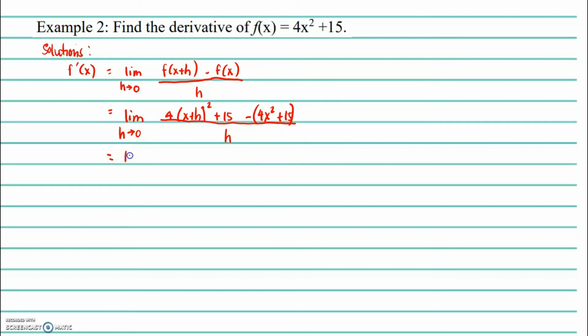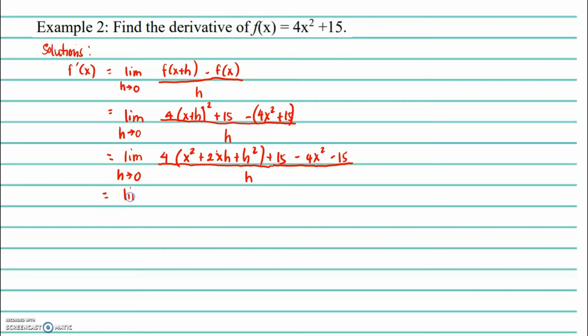Expand your binomial, you have the limit of 4 times (x squared plus 2xh plus h squared) plus 15 minus 4x squared minus 15 all over h as h approaches 0.